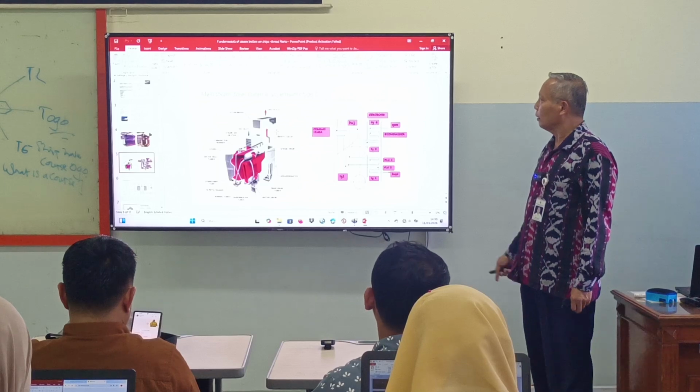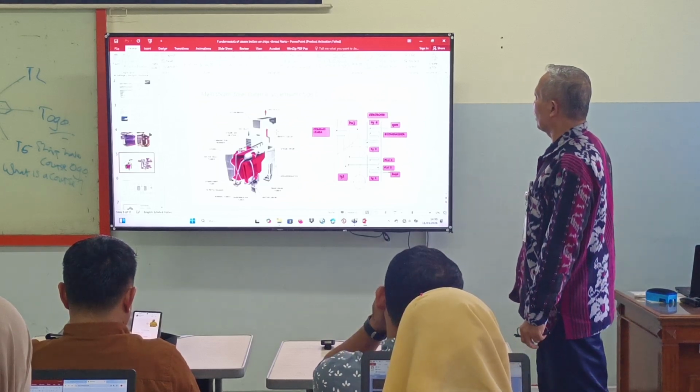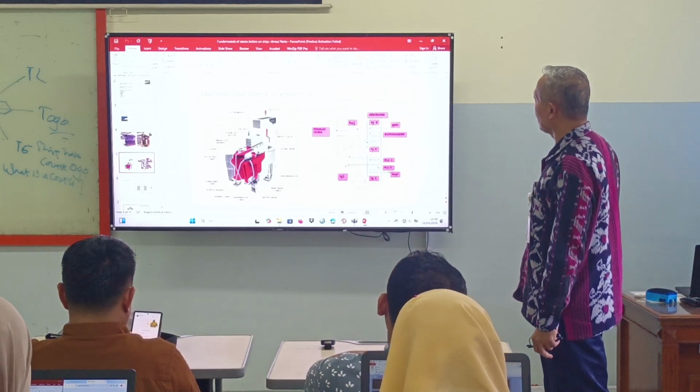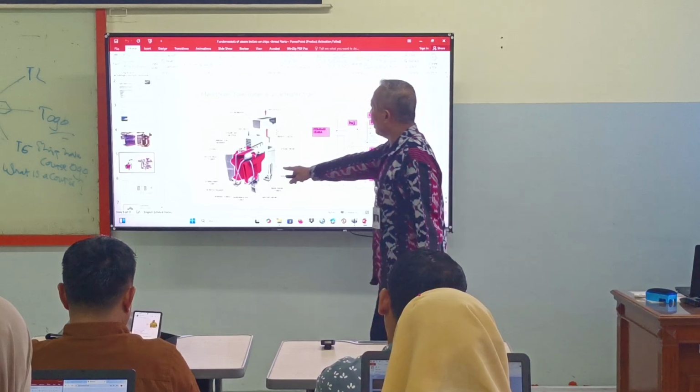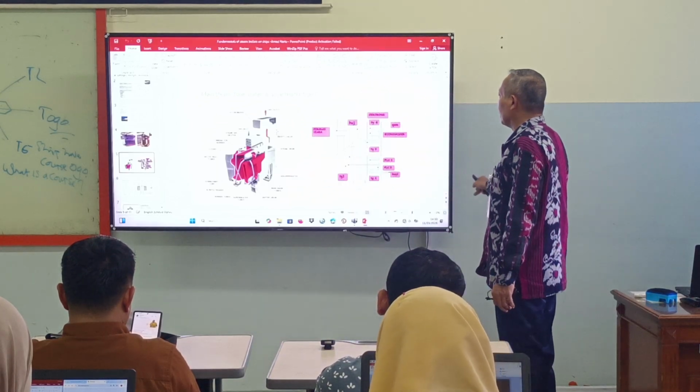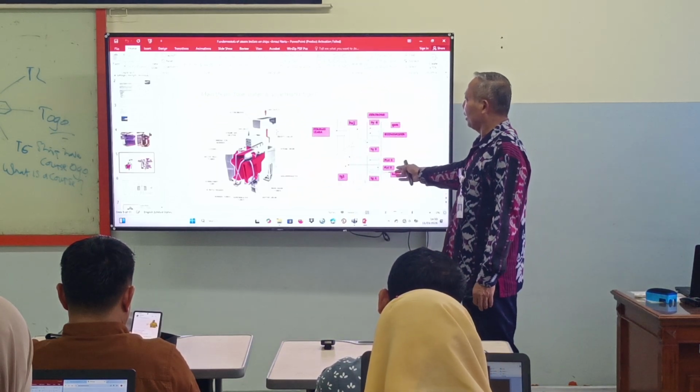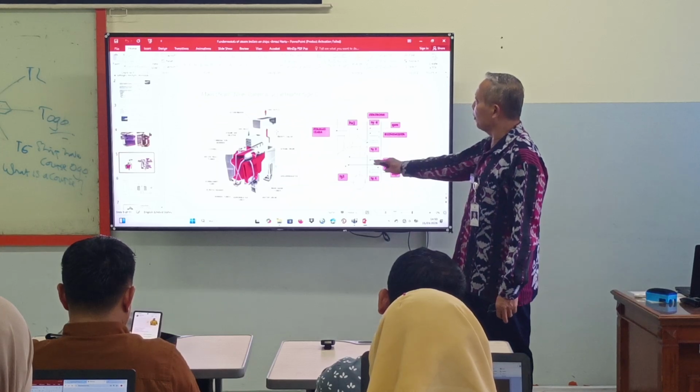This is the main boiler with an external superheater. This is type D, number 1 type D main steam boiler.